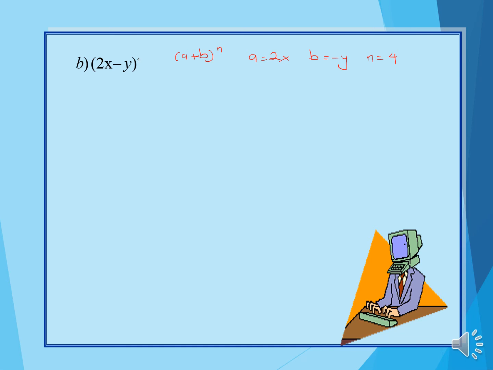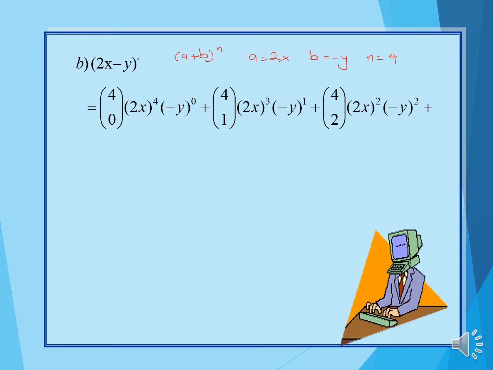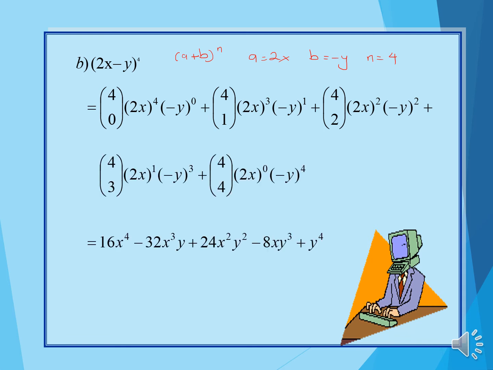Since n is a positive integer, substitute into the binomial theorem, simplify, and the answer is 16x^4 − 32x^3y + 24x^2y^2 − 8xy^3 + y^4.